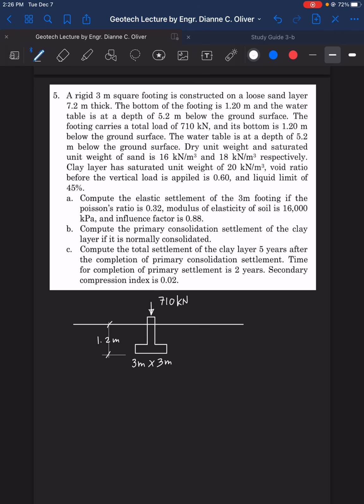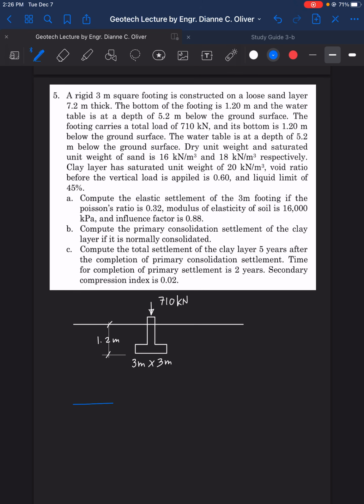And it says here 3 meters square, so let's put here 3 meter by 3 meter. And then the loose sand is 7.2 meters thick. Okay, so water table is at a depth of 5.2 meters below the ground surface. Okay, so there's the water table.